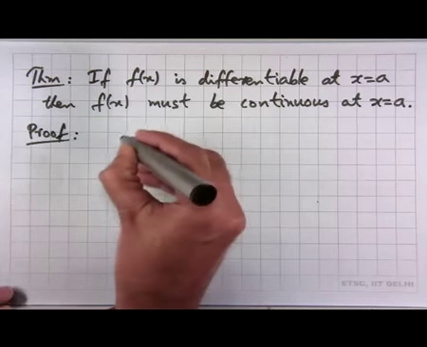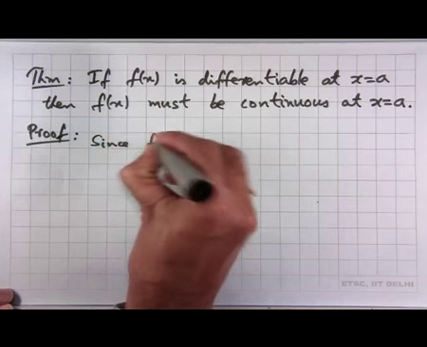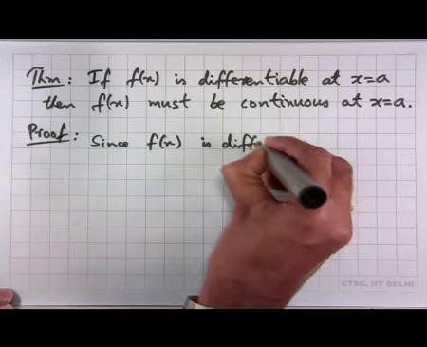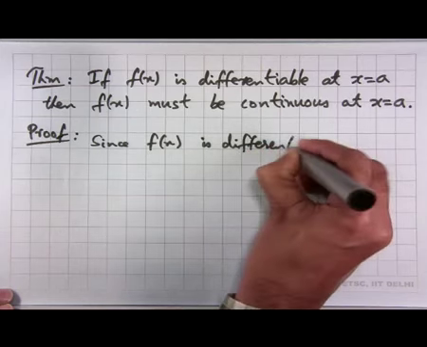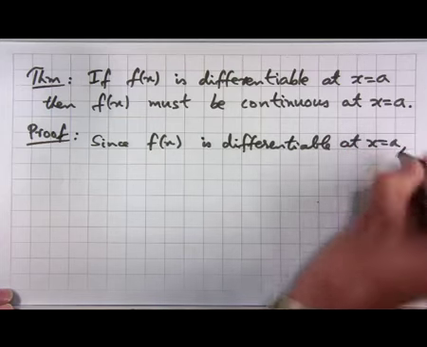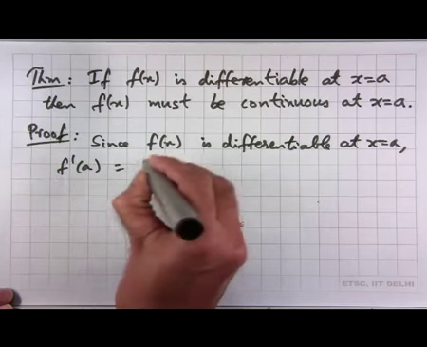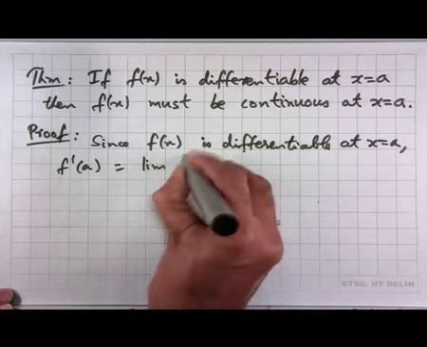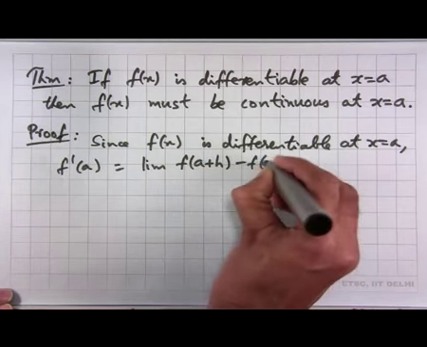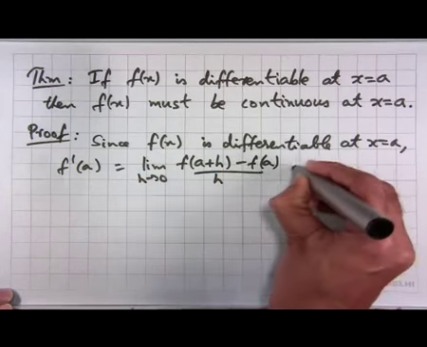Since f of x is differentiable at x equal to a, we have f prime a, which is equal to the limit of f of a plus h minus f of a divided by h. This exists.